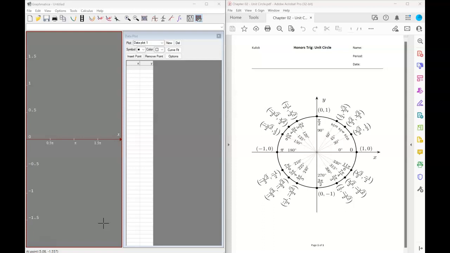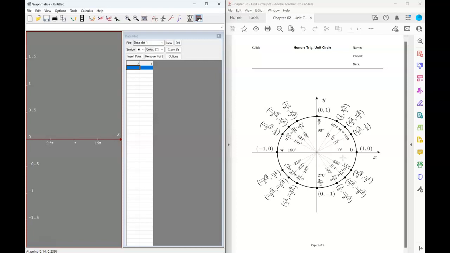So we're going to take points for the sine function from the unit circle. The inputs are an angle measure, and the output is the sine of that angle measure.